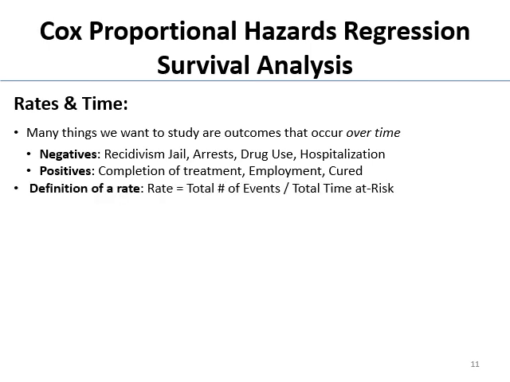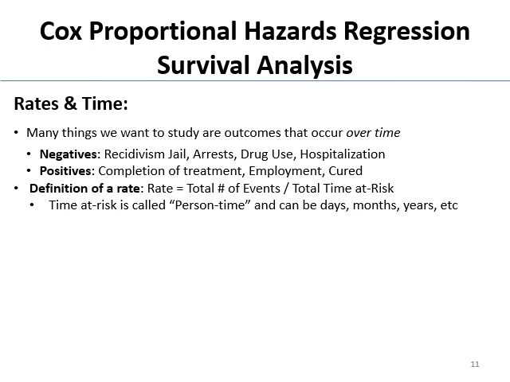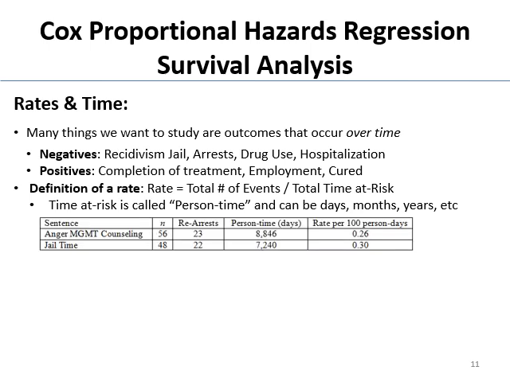So a rate, just getting back to that definition, is in the numerator the total number of events of interest, and then in the denominator the sum of the total time at risk for a group. Time at risk is called person time, which is weird, I know. It's what it's called, and it can be days, months, years, etc. Sometimes they'll say person days if you're using days, or person months, but it's always person time overall.